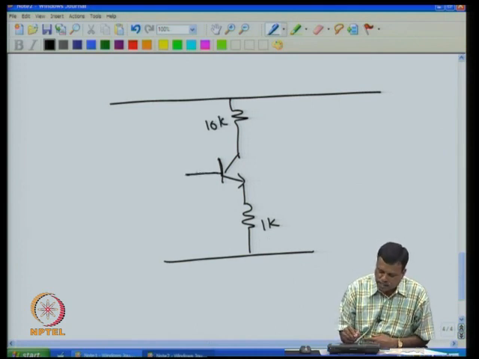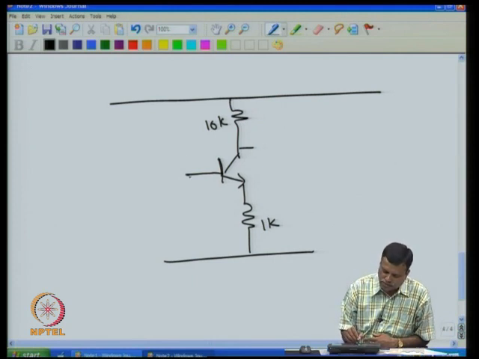Then I have to bias this, because I want to keep this at the midpoint 7.5, so that when the signal is applied, this will go up and down. If I want to keep 7.5, then 7.5 volts drops would be here, then 0.75 volt drop here, and this has to be kept at 1.35. Then I can do that by selecting these resistors, R1 and R2.